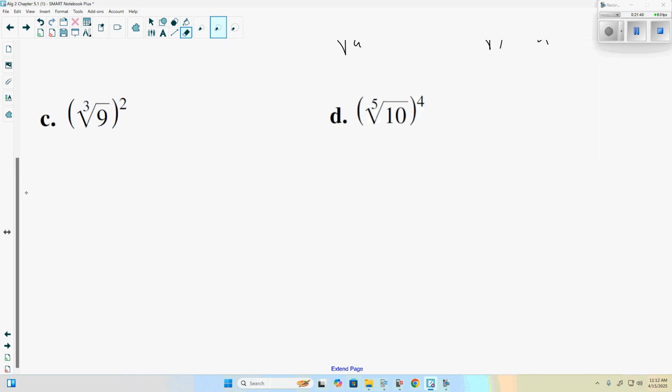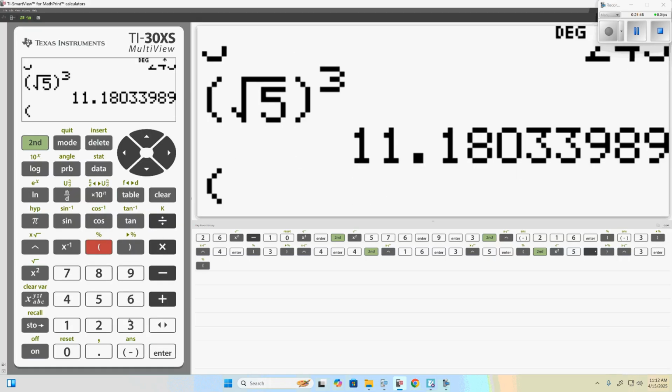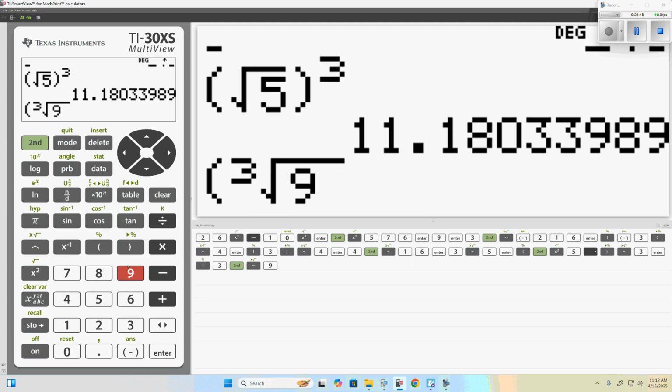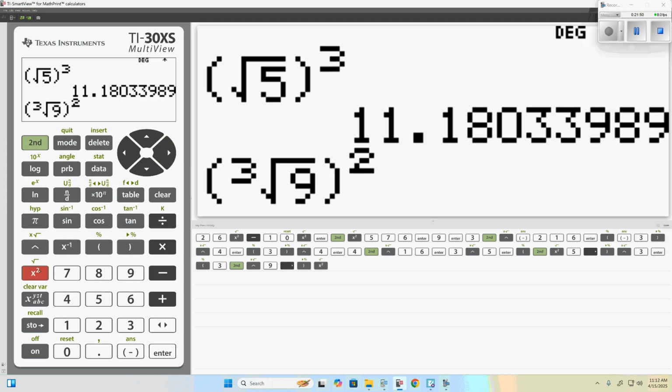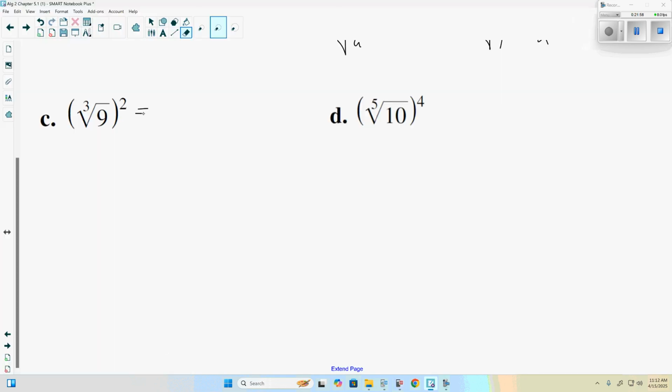Cube root of 9 squared. 4.326 or 4.33. It just depends on the instructions.